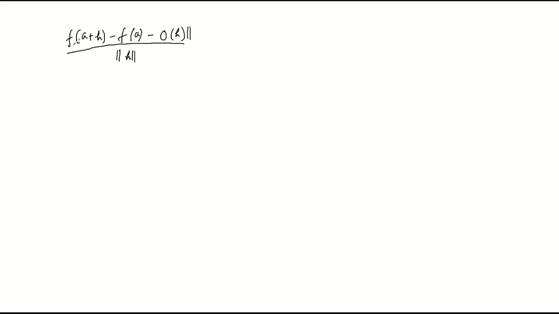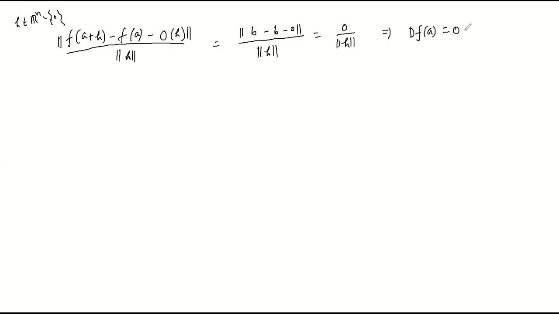The zero transformation of h is 0. Here f of a plus h is equal to b, and f of a is also equal to b, so the numerator is norm of b minus b, which is norm of zero, giving 0 over norm of h, where h belongs to Rn minus 0. This implies the derivative of f at the point a equals 0. Since a is arbitrary, for all a belonging to Rn, the derivative of the constant function f is equal to 0.